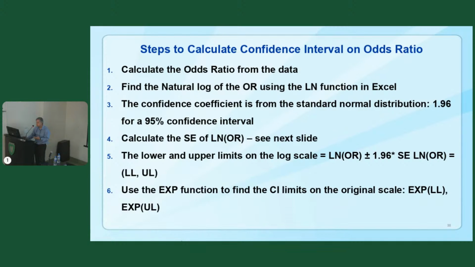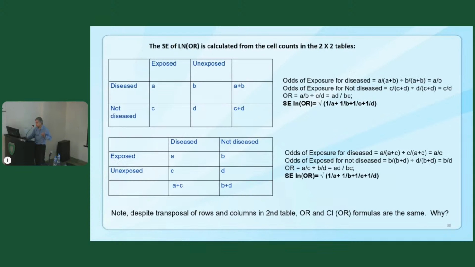So I'm going to show you the formula. You've got the formula, very similar to the one in risk odds ratio, the same formula. That's 1 over A, 1 over B, 1 over C, 1 over D. That's the variance of the log odds ratio. The square root of that is the standard deviation of that variance, both on the logarithmic scale. So that's your standard deviation of the log of the odds ratio, okay?